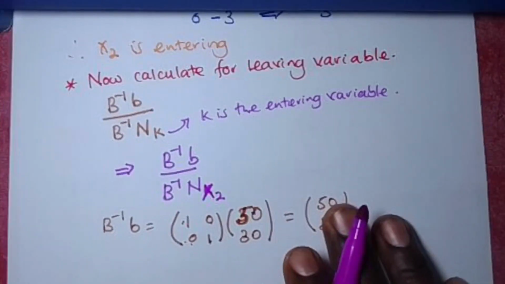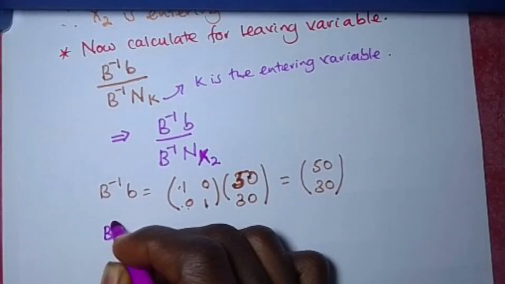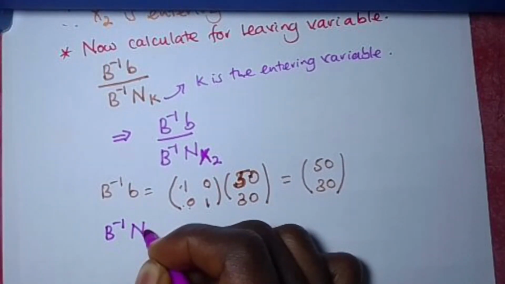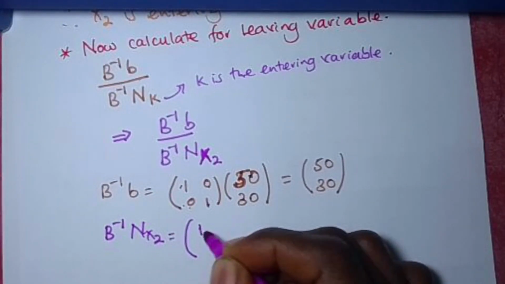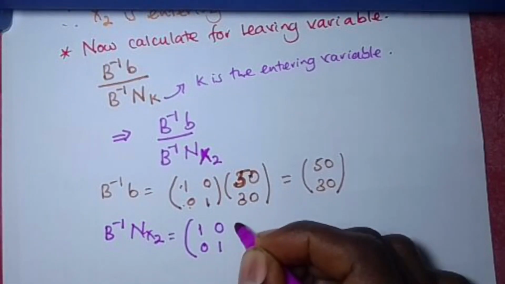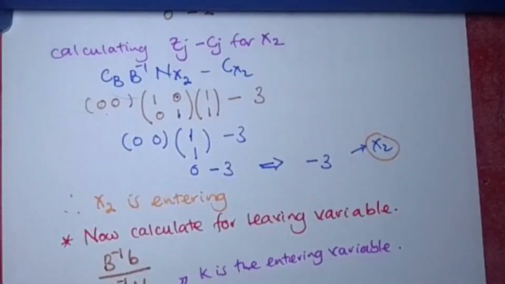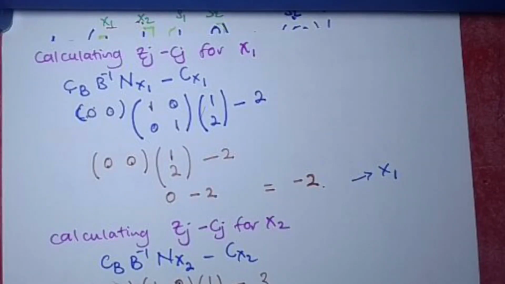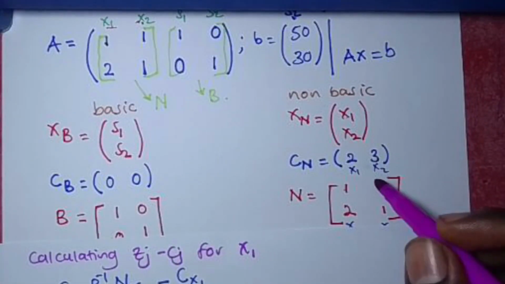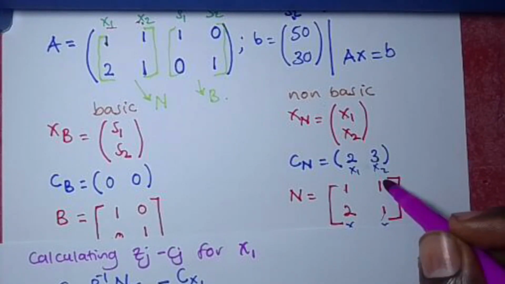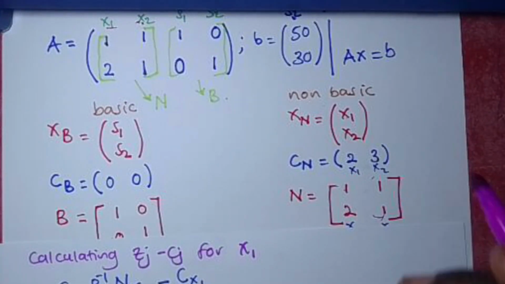Now let's calculate also for B inverse times N x2. So this is going to give us our B inverse, which was 1 0 0 1, multiplied by nx2. Now our nx2, from what we had before, is this set here of x2 in the n set, which is 1 1.